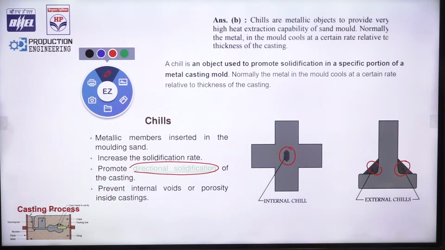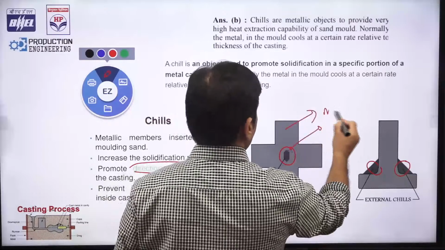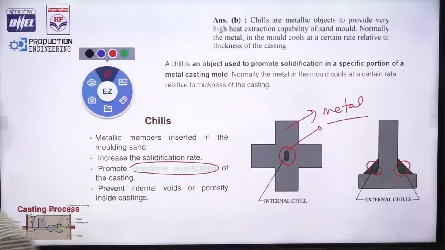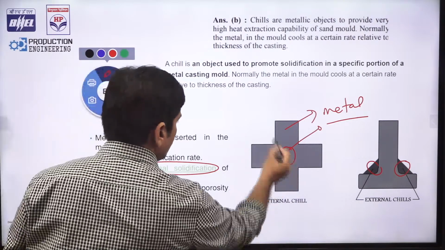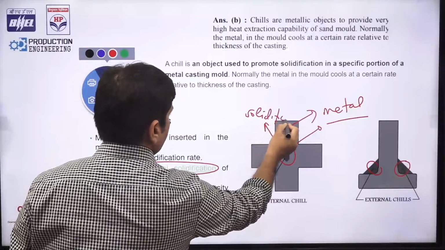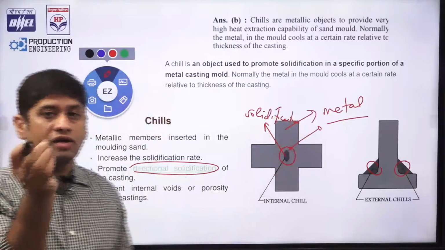Chills are made up of the same metal as what we are going to cast. So the molten metal which we are going to cast, the chill is also made of the same material, and these chills provide the directional solidification. So solidification will start where the chills are kept. Grain refinement or solidification will start from where we keep the chills.